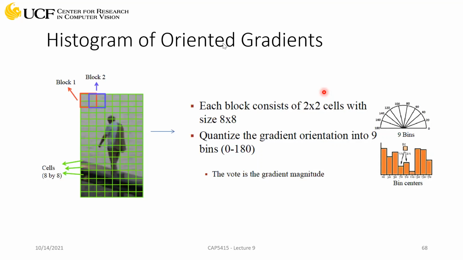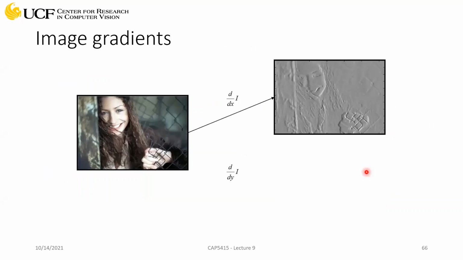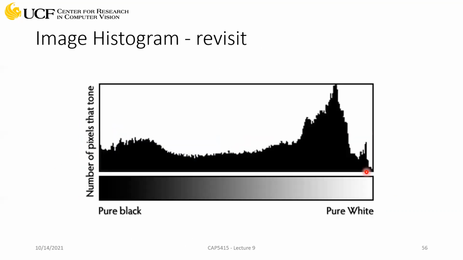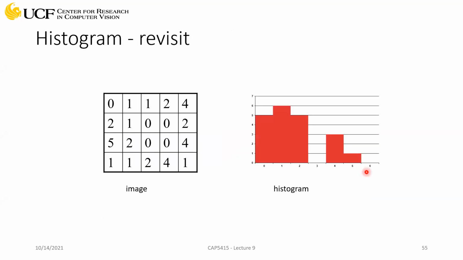Question from Momal: what is a vote? I think that's a good question, and that's actually tricky. Let me go back to make it clearer. If you remember, when we were creating the histogram using this image patch, we were just counting the number of pixels which have a particular intensity, right?